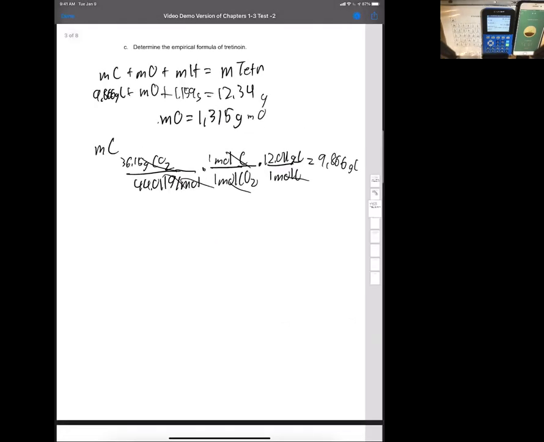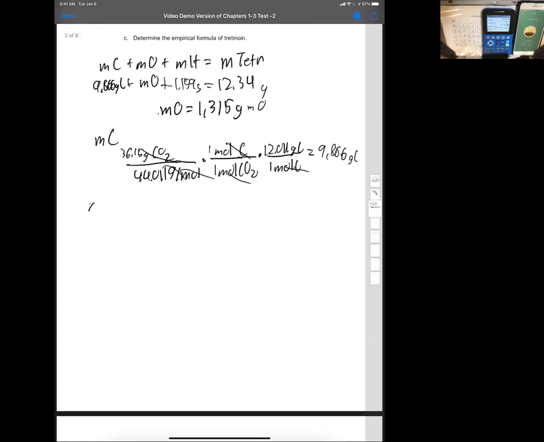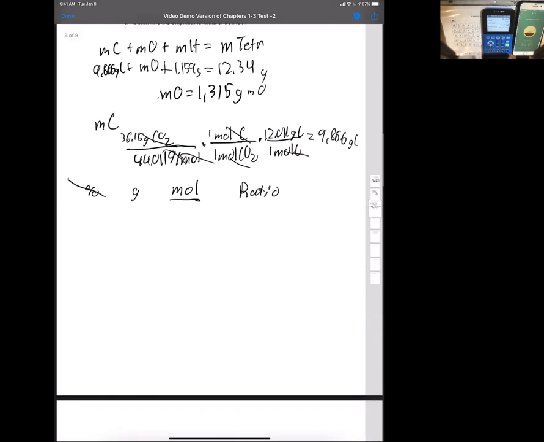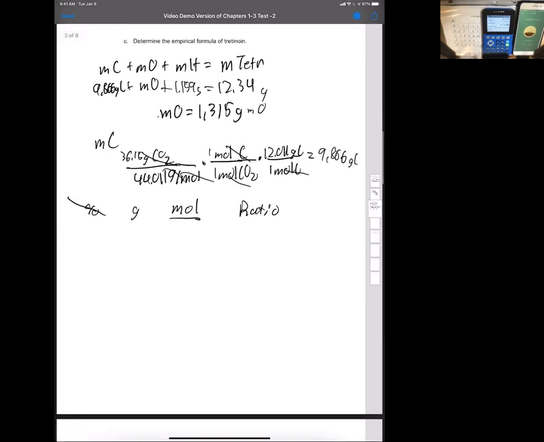Empirical formula. Let's break this down into our 4 main steps. Remember that we have percent, grams, go for the moles, and then we get the ratios. In this case, percent is not an existent step, so we just go straight to grams. For grams, well, we already got that.